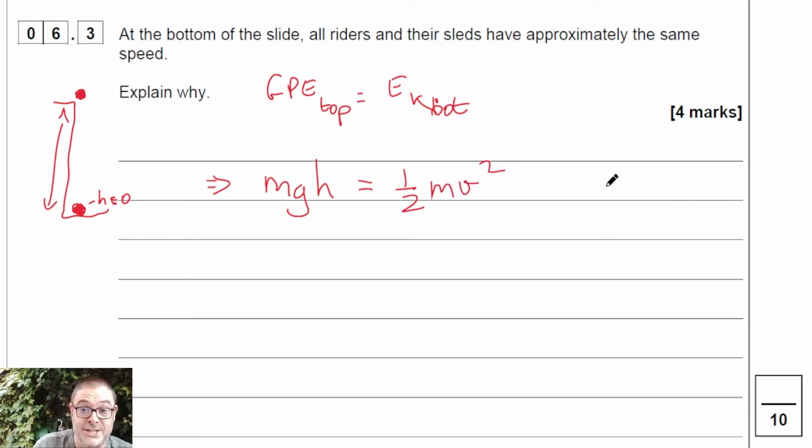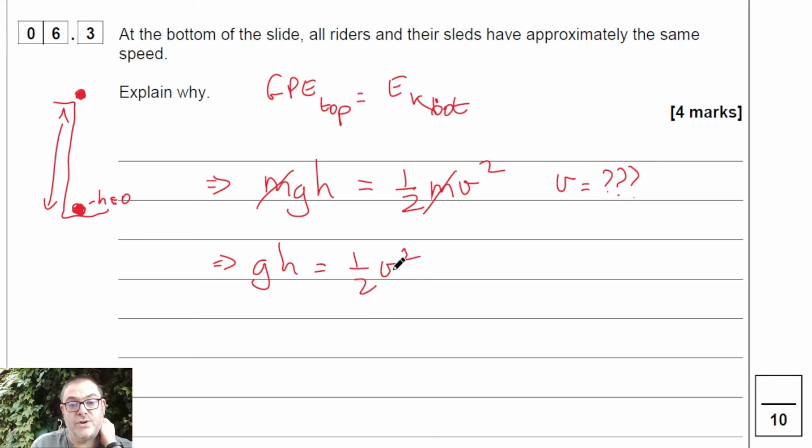Now we need to end up with a formula for the speed or velocity which says v equals. That's what we're after, so we need to do some algebra here. The first thing you should notice is that there's an m on each side, so we can cancel those out, which leaves us with gh equals a half v squared.